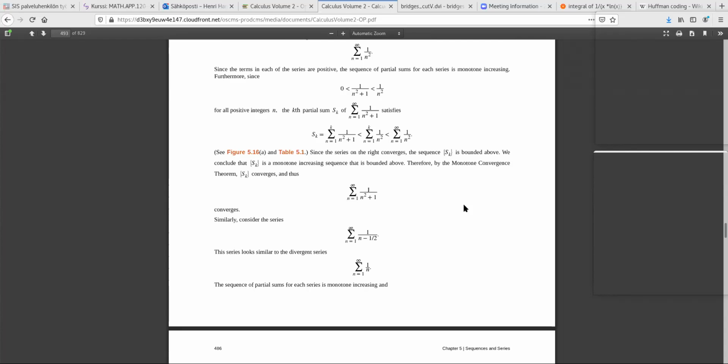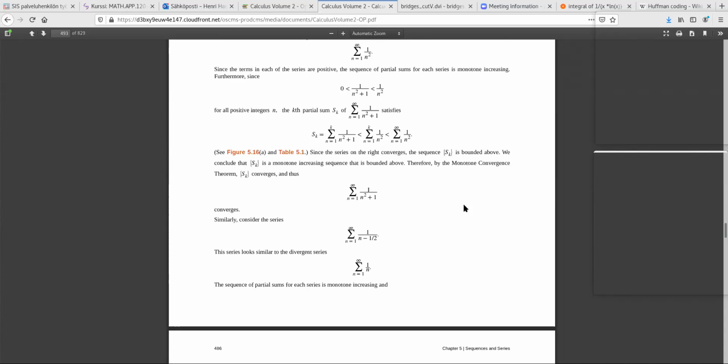So the sum of 1 over n squared plus 1 must be smaller than or equal to the sum of 1 over n squared. Obviously, because we're adding smaller things together, and both of them are being added as an infinite sequence. So the series will converge if we are adding smaller things.